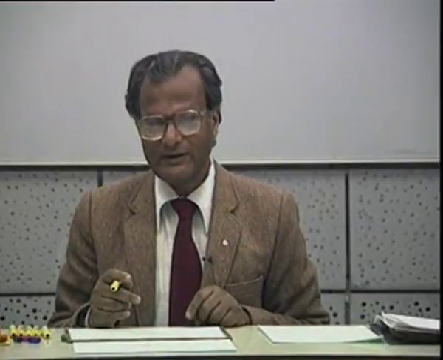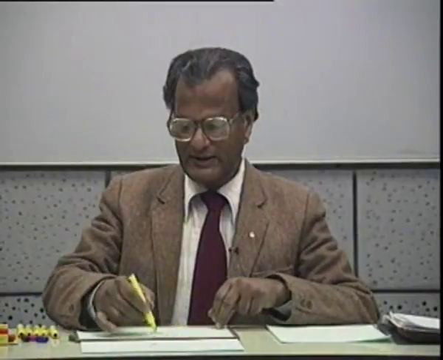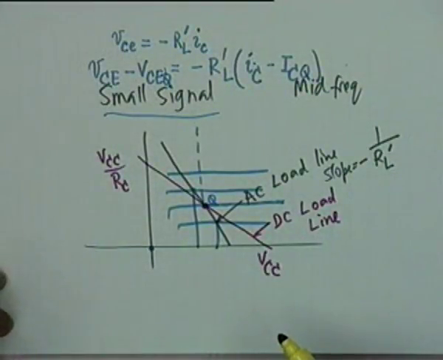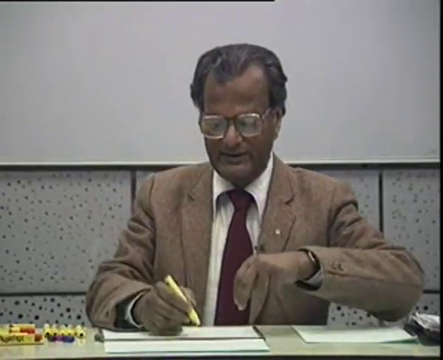That is, for equal increments of IB, there will be equal increments of IC, the collector current, and equal excursion of VCE, the collector-emitter voltage. So it is not only small signal. If it is small signal, then it is guaranteed that the operation shall be linear operation.